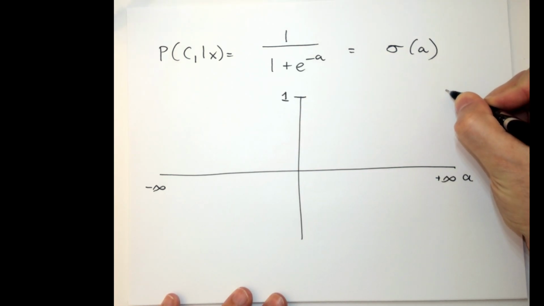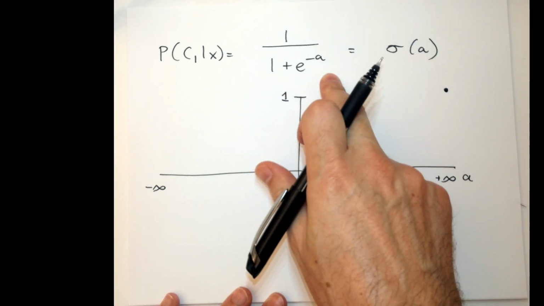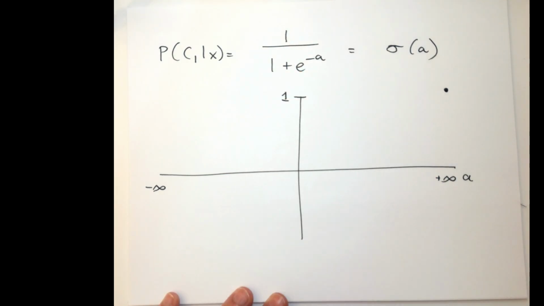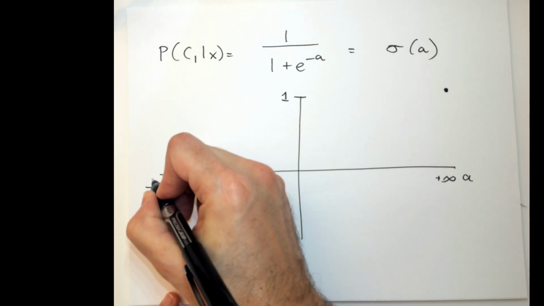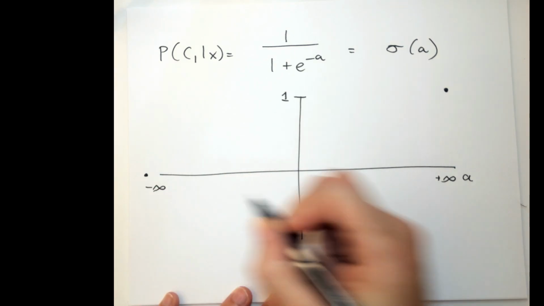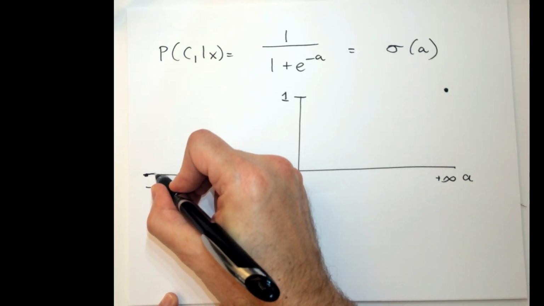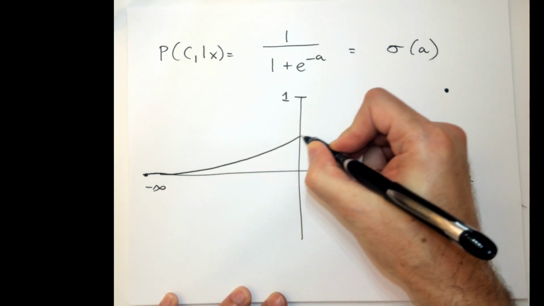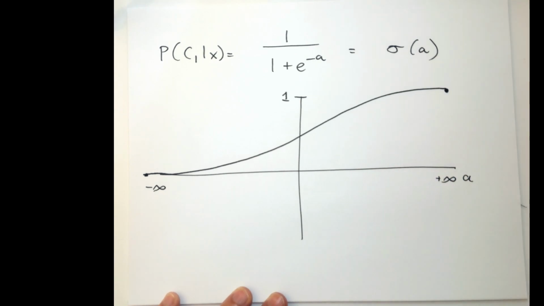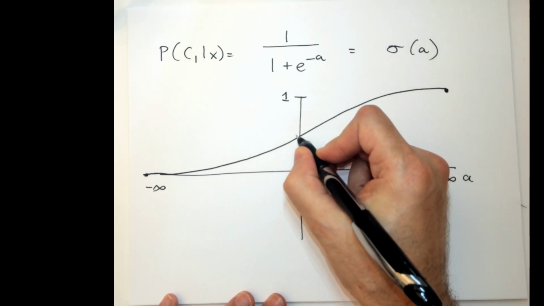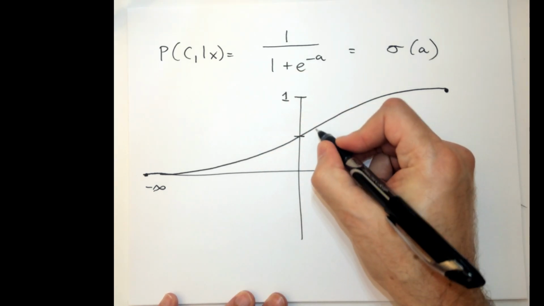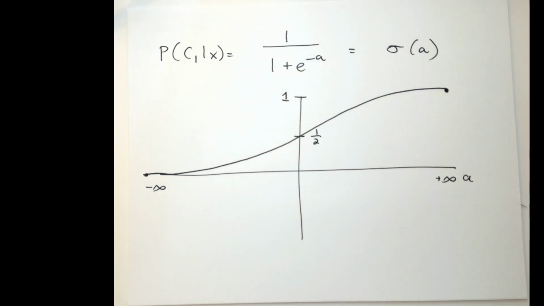And when I'm at minus infinity, it's like saying I have 1 over some huge number, which is 0, so over here, it's 0 way at this end. And so my function smoothly goes like this. When A is equal to 0, right in the middle, I have 1 plus 1 in the denominator, so I have 1/2.